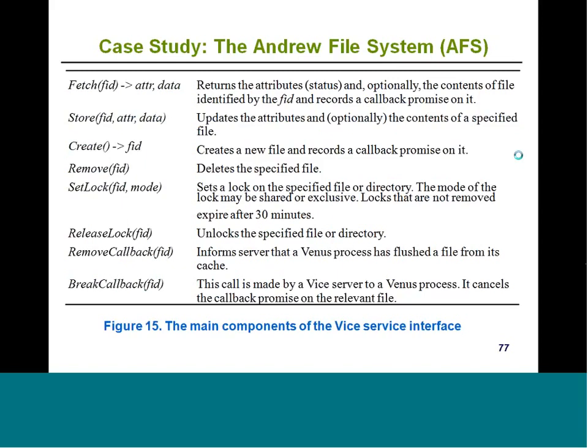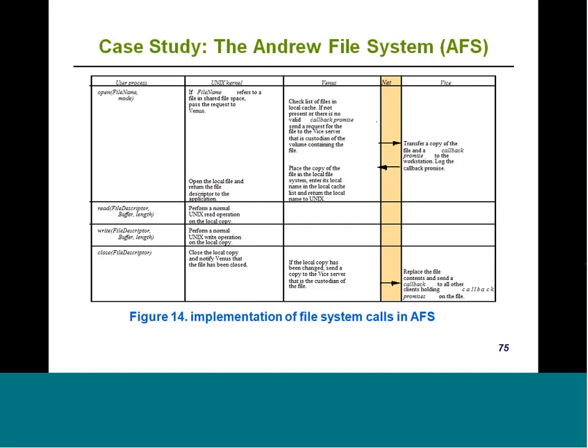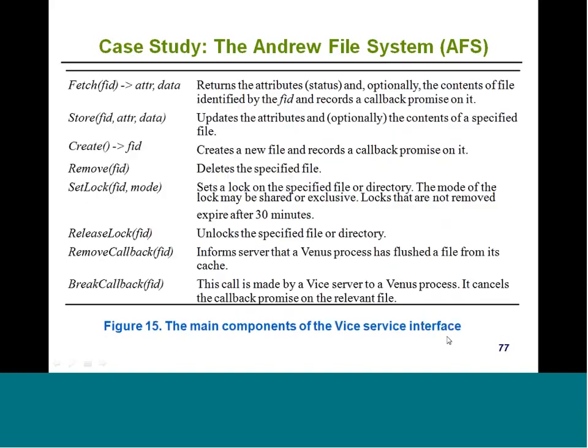So now let's look at some more important components of the Vice service interface. This is the server side, like what is shown here. There is a fetch command which returns an attribute and data for a given file ID.